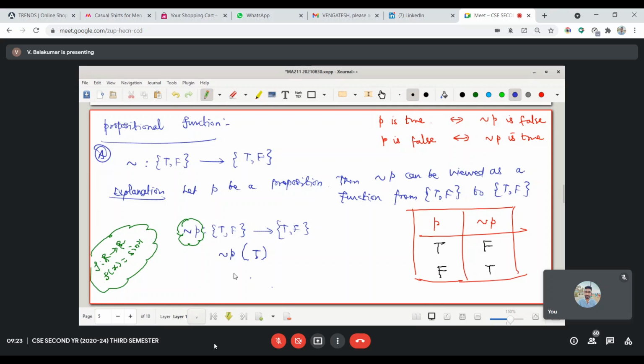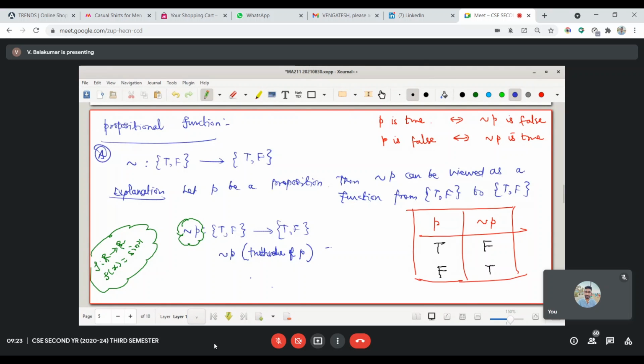Let me write it down. If P is true, what happens? Negation of this is the truth value of P. Whatever we have written in red color and green color, I am trying to write down with this notation. This function, instead of x, takes values from the domain. So I have to take a value from here. This is the truth value of the proposition.